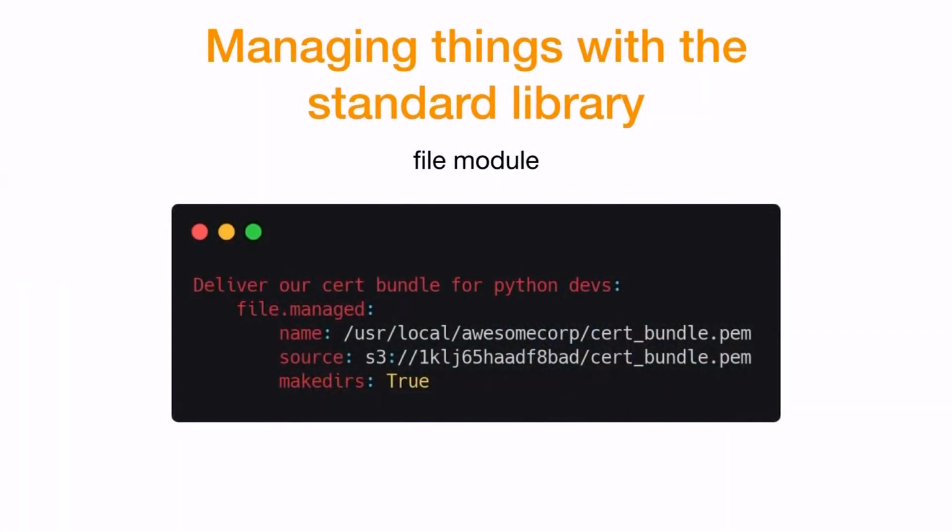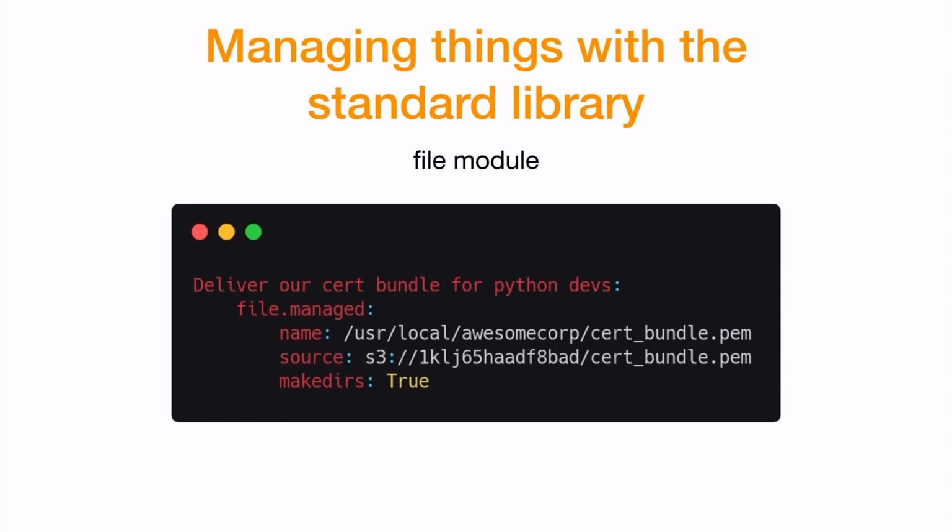One of the ones that does a lot of work for us is the file module. It does things like creating directories and copying files. In this case, with the details changed to protect the innocent, this is something that I deliver. We have a lot of Python developers internally, and they need our root certificate and signing certificates in a cert bundle so that when they're doing web requests in Python, they can trust that SSL traffic.